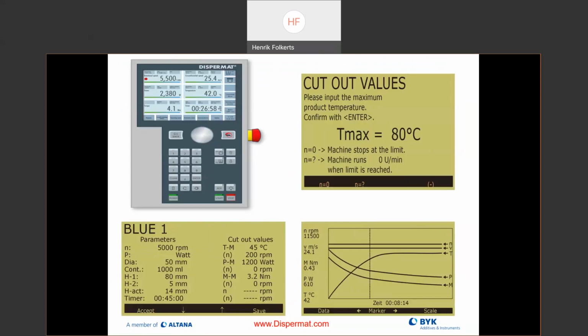If I run with constant power and my machine exceeds a certain speed setting, then I can tell the machine to reduce my power or shut the machine off. So there are many ways I can configure my machine to ensure that the integrity of my milling process stays accurate and I'm not ruining my product because some of my parameters are getting out of range.